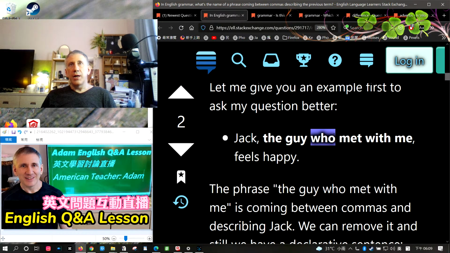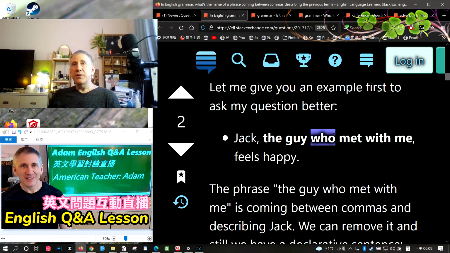For example, the book which I loaned to my friend was about cooking. In that case, which I loaned to my friend is a relative clause, and it is an essential relative clause because it tells what kind of book. It identifies the book. So we use which because the subject of the sentence is a book.